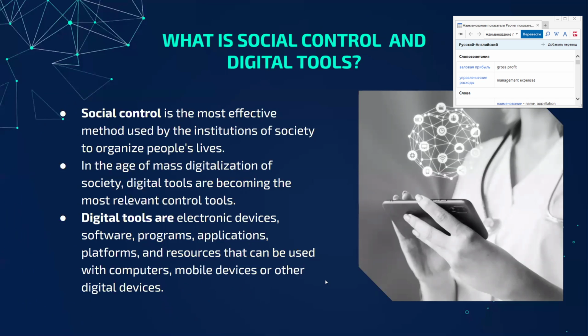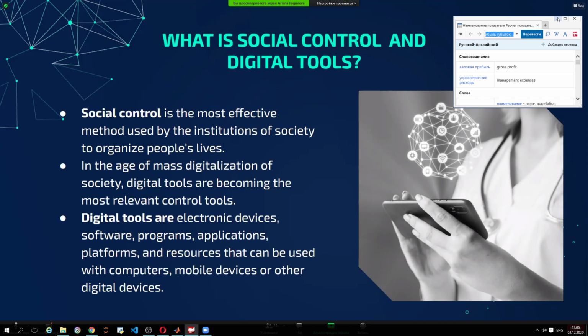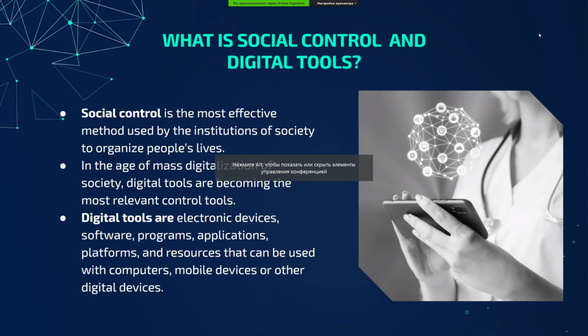So now we want to talk about social control. Social control is the most effective method used by the institutions of society to organize people's lives. To implement effective social control, institutions of society use a variety of tools.